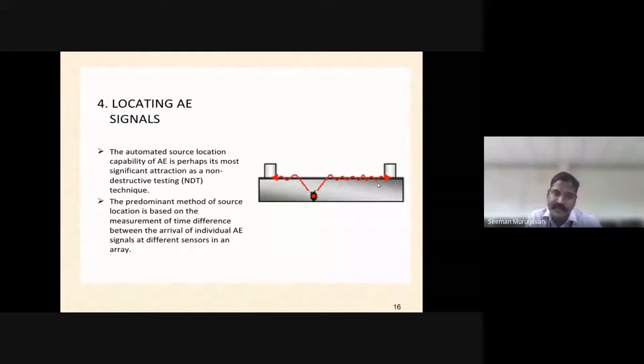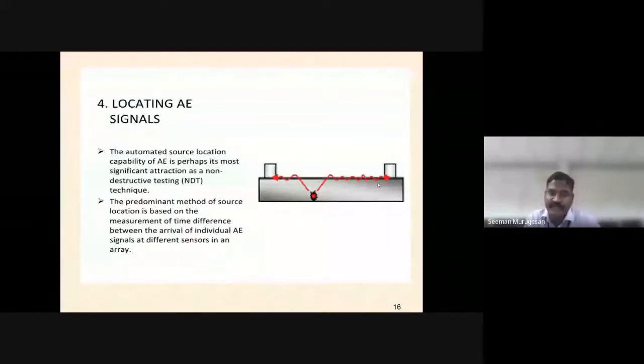Instead of a single sensor, I go for multiple sensors, either 2, 3 or 4, arranged in an array. Each sensor receives the signal at a different time. Already you know the dimensions of the workpiece and the distance between each sensor. So based on this data, it is possible to locate the defect exactly using acoustic emission sensors.